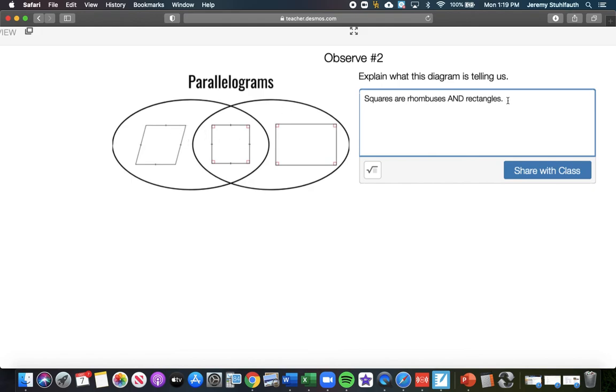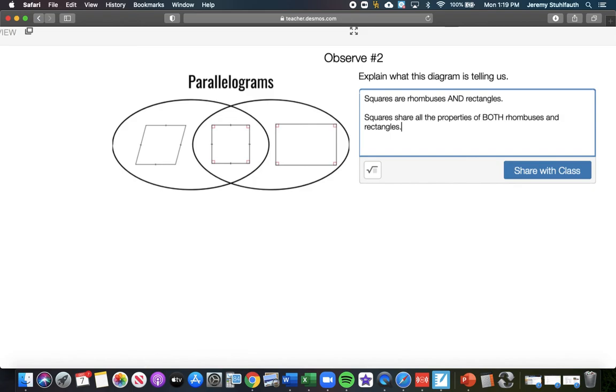So what does this mean? What this means is that squares share all the properties of both rhombuses and rectangles.